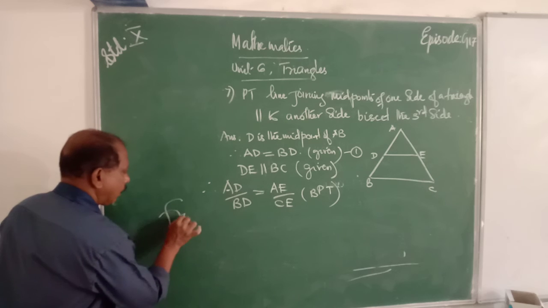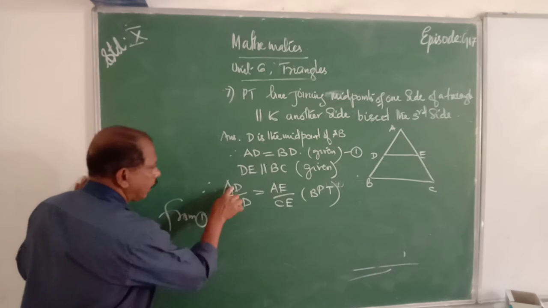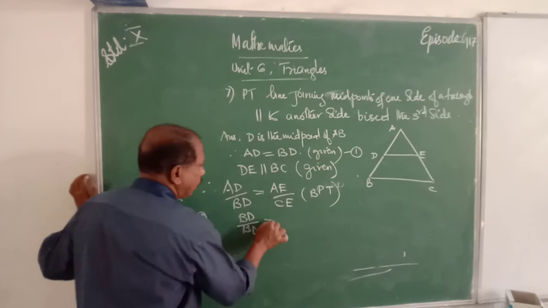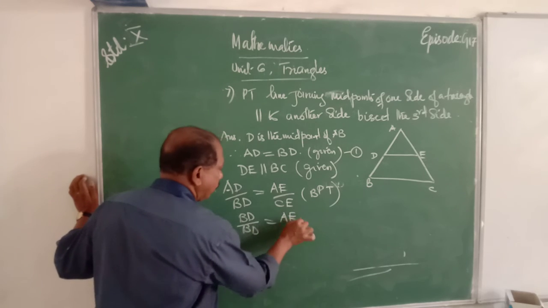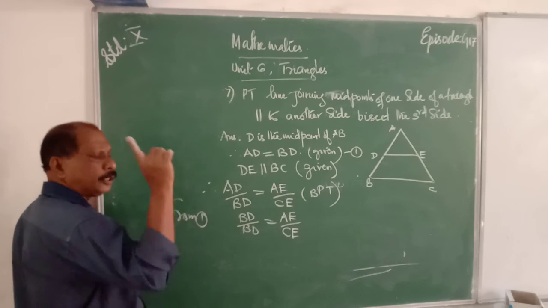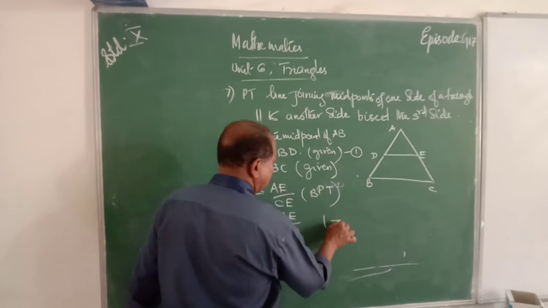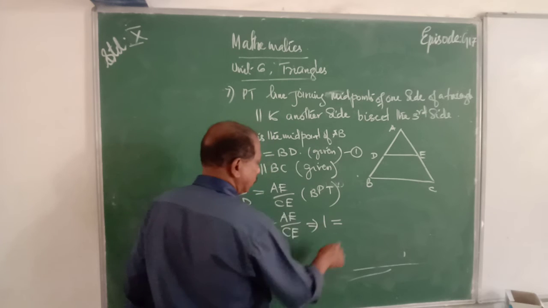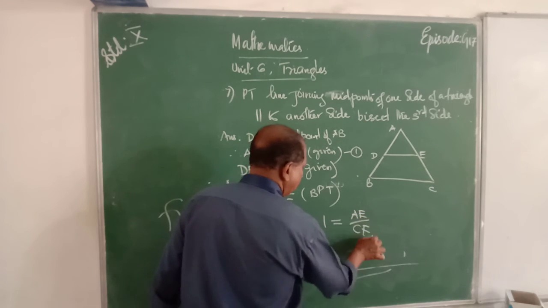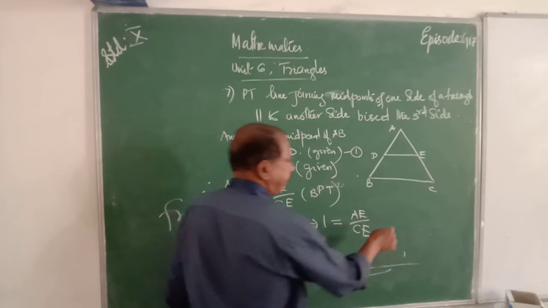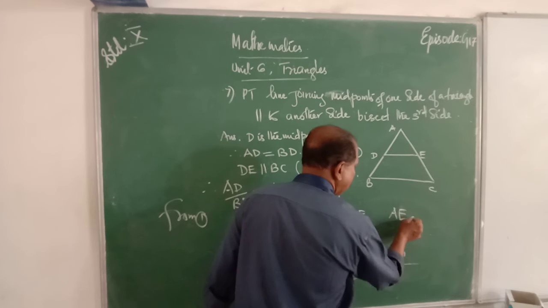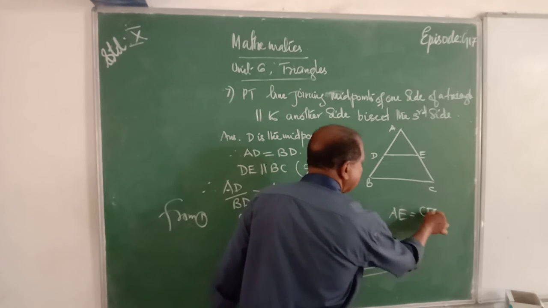From 1, AD by BD is equal to AE by CE. Since AD equals BD, this is 1, which implies that 1 is equal to AE by CE. Cross multiplication: AE is equal to CE.